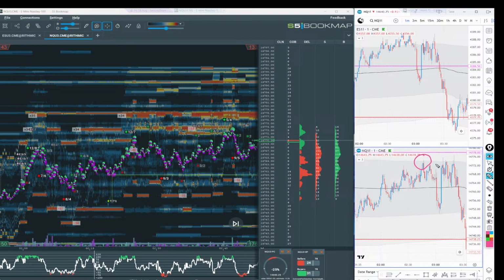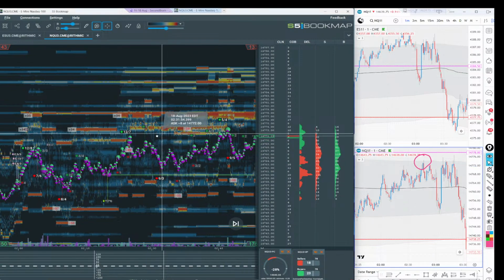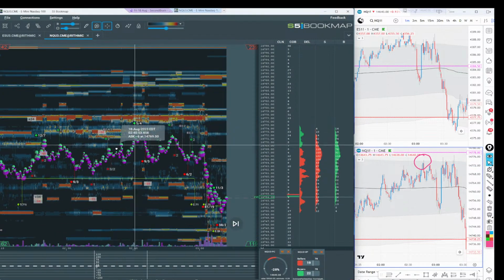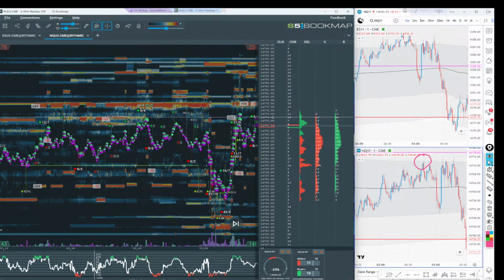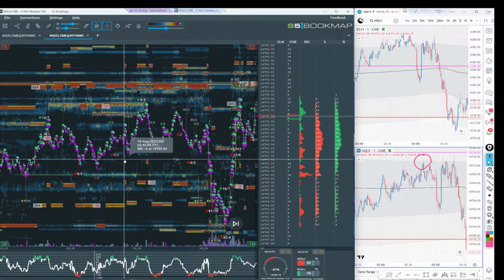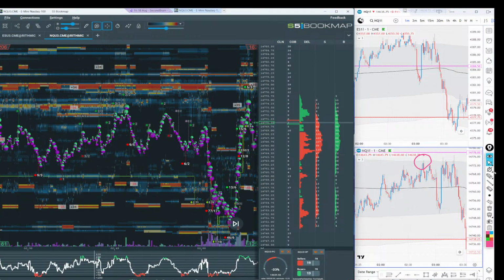Okay, so that was at 247. This is where we have to be quite careful. On a 1 minute chart, you could say potentially that was a test of that area.